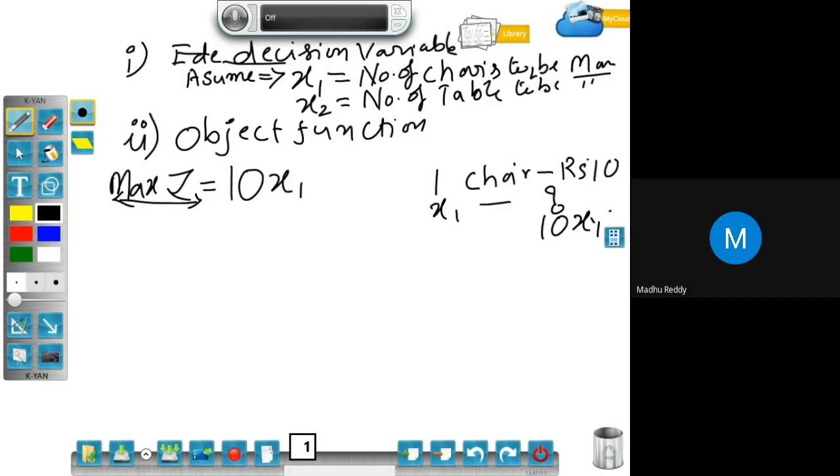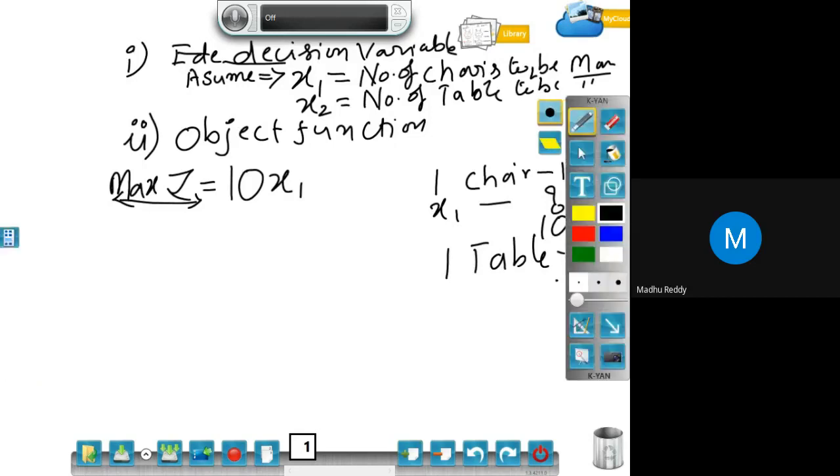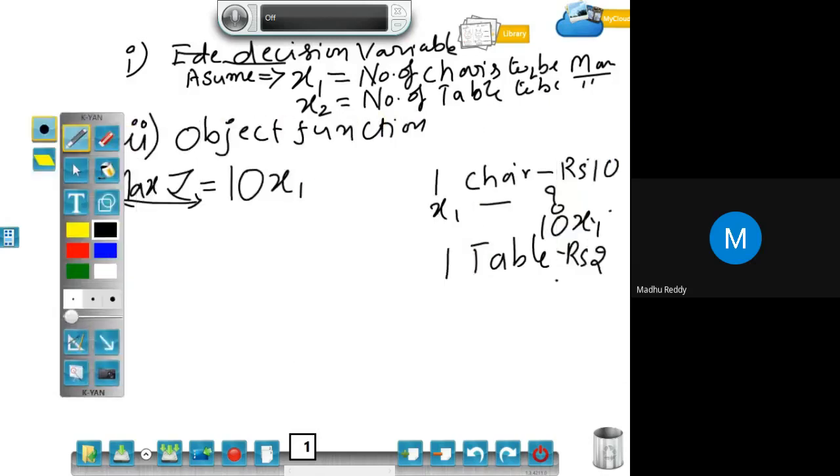The company is not making only one product, it is going to make another product, that is the table. If you sell one table, what will be the profit? The profit is 20 rupees. So for one table we get double the profit, rupees 20.